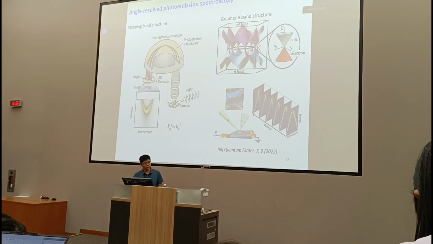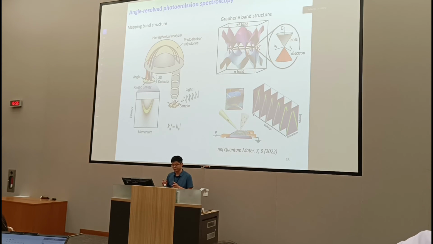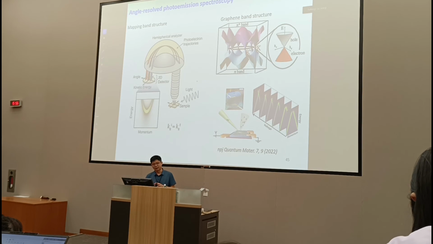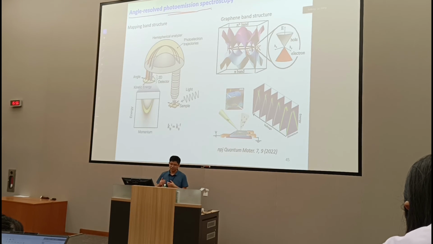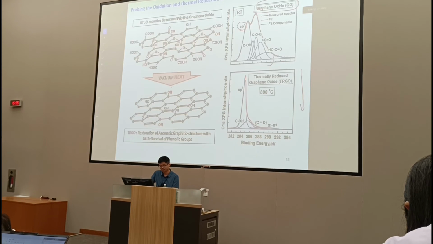In addition to XPS, which uses photons to excite the core-level emissions, there is another technique called angle-resolved photoemission spectroscopy. This is also very powerful. Instead of exciting the core level, here we excite the valence band level.